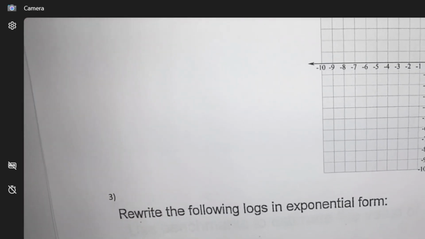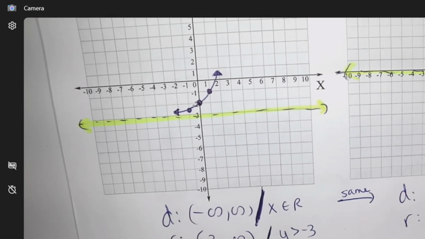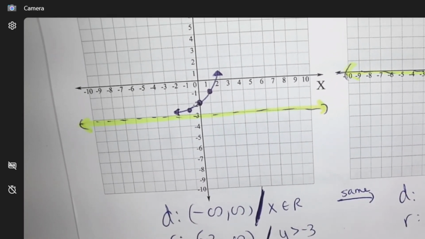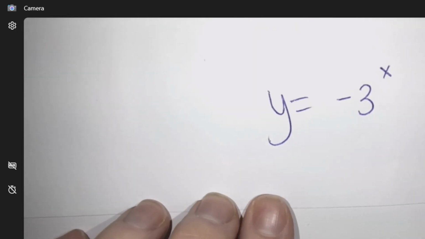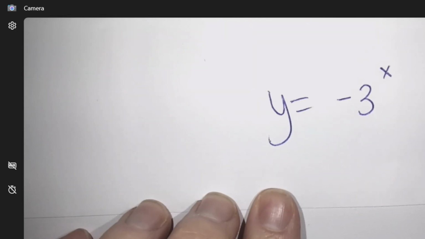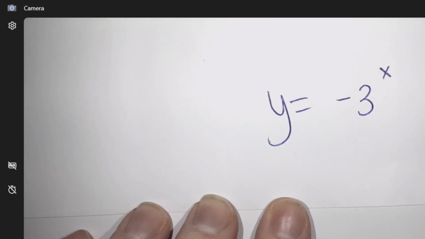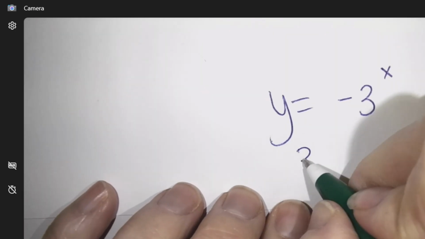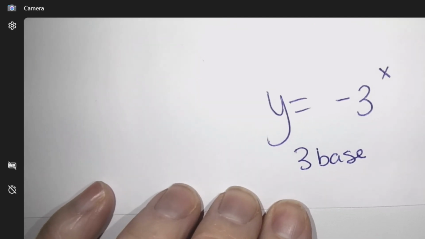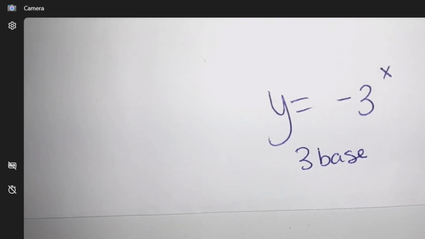Okay, and I just wanted to make a comment here. I get lots of confusion when I give you an equation like this to graph and ask what the base is. The base is 3. The base is not -3. What is that negative actually doing?